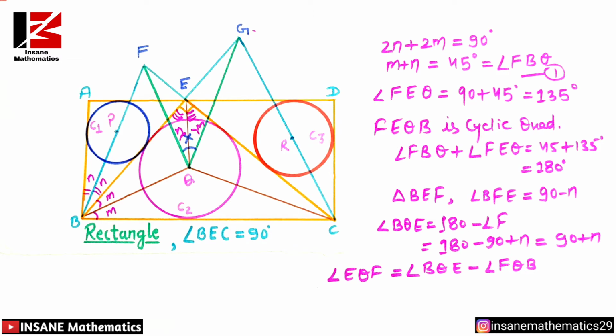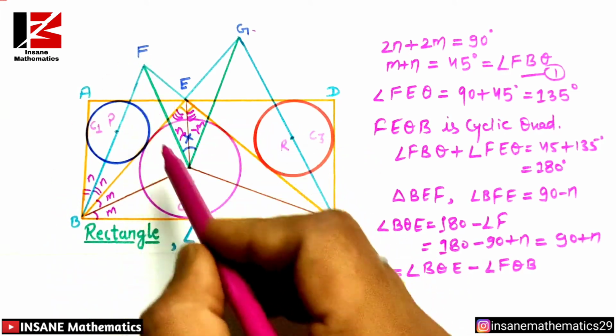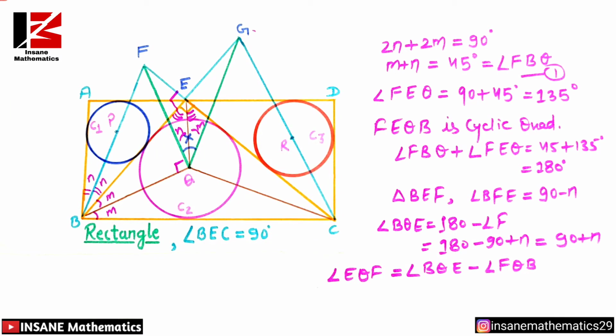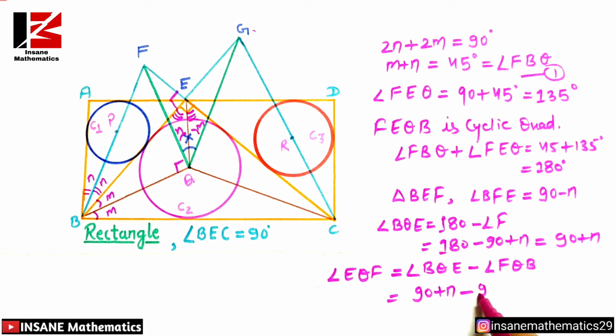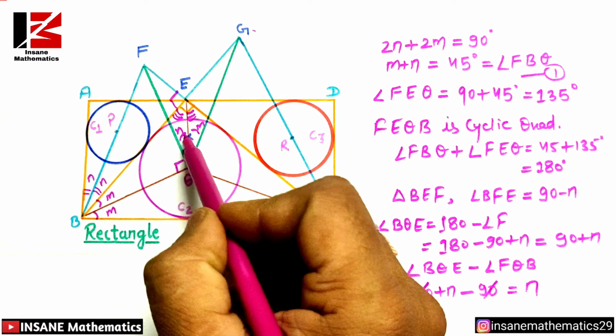As it is already known that FEQB is a cyclic quadrilateral, that means angle FEB is equal to angle FQB, which is 90 degrees, because angles in the same segment. That means BQE we have calculated as 90 plus N, and FQB is 90 degrees. So it becomes angle N. So angle EQF is angle N.